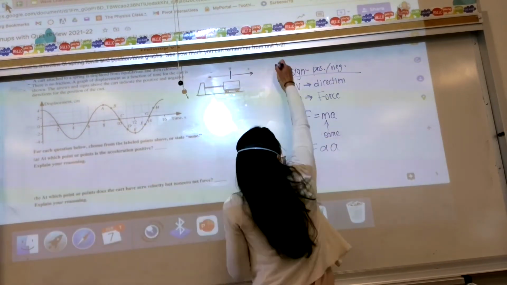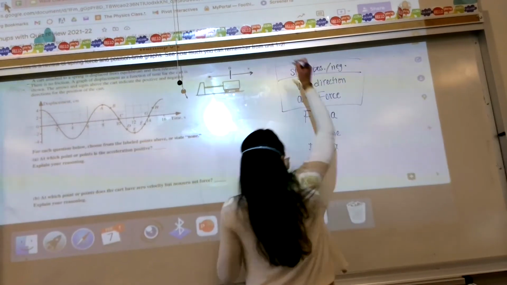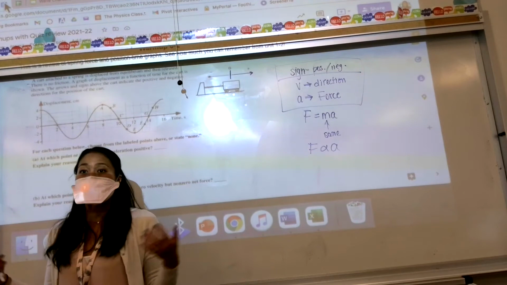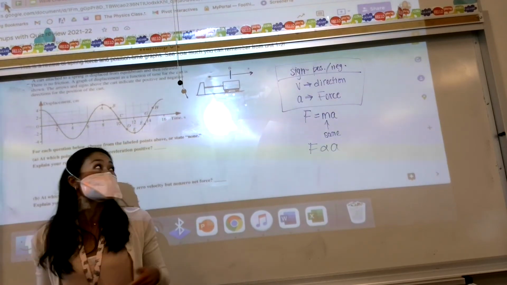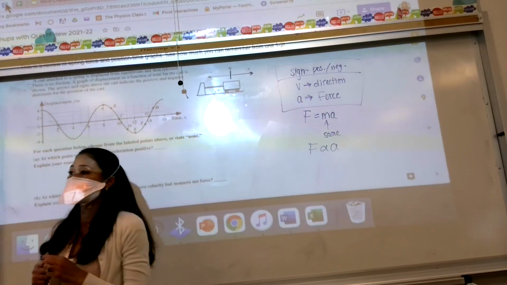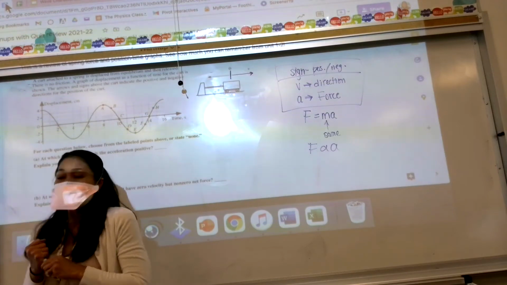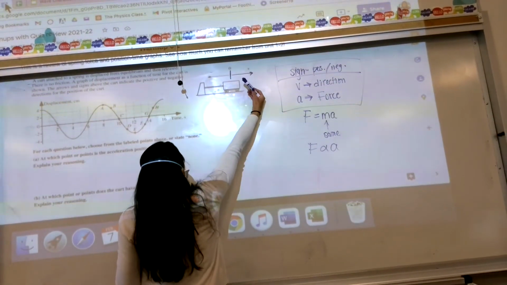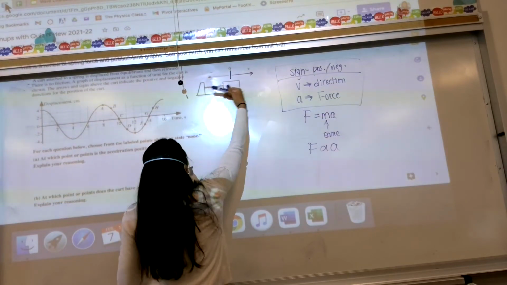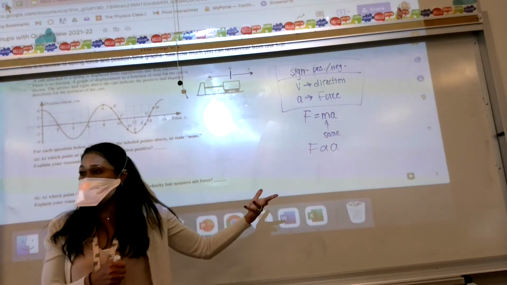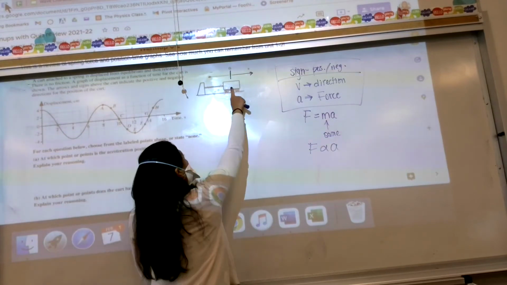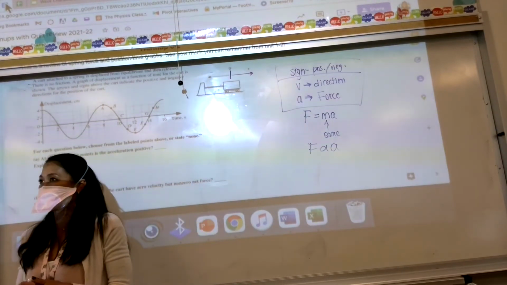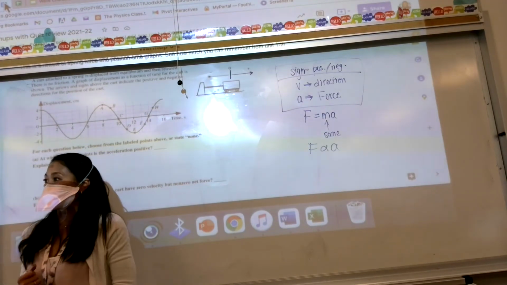It's a lot easier to think about it as the direction of force because acceleration and force are going to have the same sign. So think about the direction of your force in your spring. When it's moving in the positive direction, the spring is stretched and therefore it's going to pull opposite to the position the card is at in that point in time.